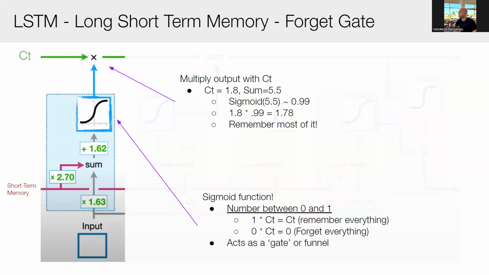And 0 times the CT, we're forgetting everything in the long-term hidden state. You can think of this as a control structure on the long-term hidden state. At any given time, we choose how much of the long-term representation we're going to use towards prediction and how much of the short term we're going to use towards our prediction.